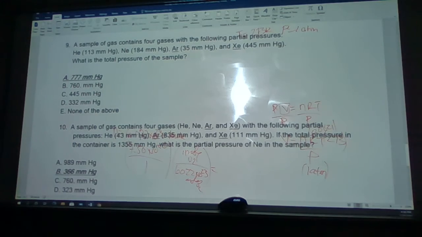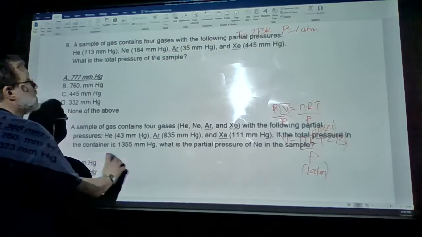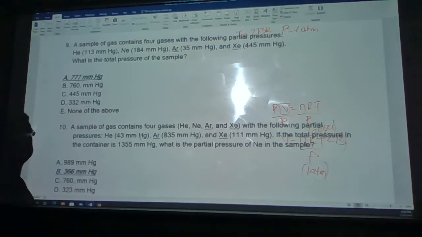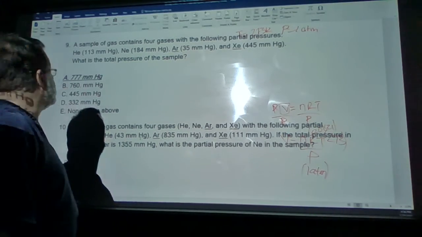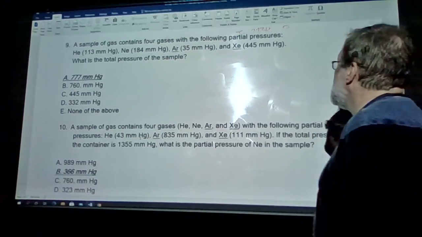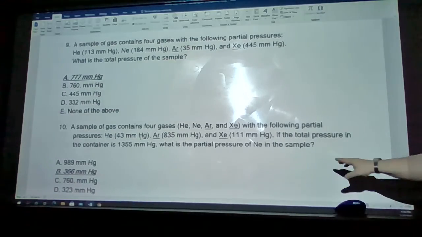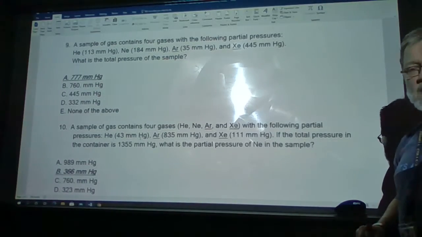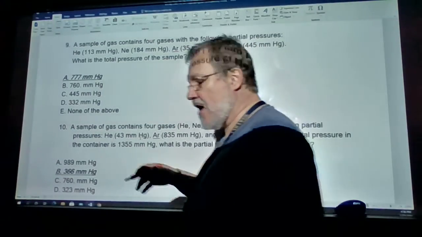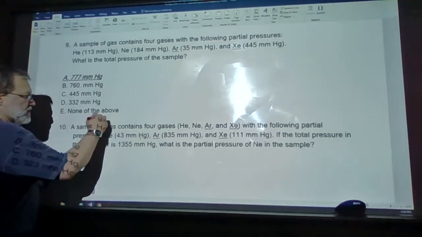Number 9. A sample of gas contains 4 gases with the following partial pressures: helium, neon, argon, and xenon. What's the total pressure of the system? What information do we have? We have only pressures. What gas law that I've shown to you deals with situations where you have a mixture of gases and only information about pressures?